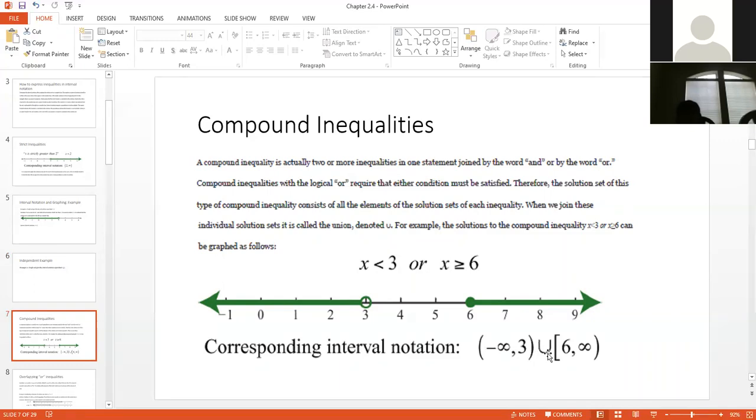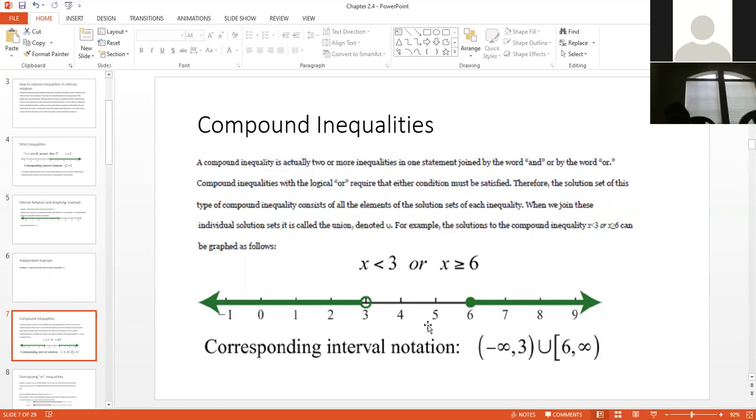We use this U, it looks like a U, but it actually represents the word union. So both this solution set and this solution set are true for this inequality. Whenever you have an or, you use a union symbol, and you write interval notation for both of them.